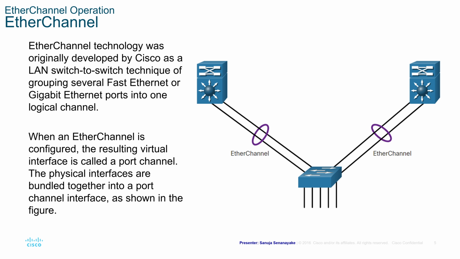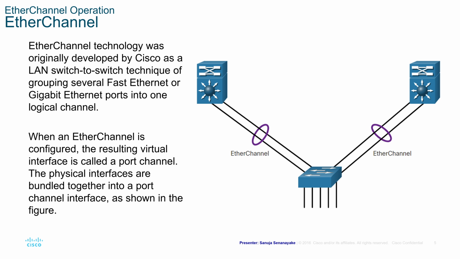EtherChannel technology was developed by Cisco as a LAN switch-to-switch technique of grouping several Fast Ethernet or Gigabit Ethernet ports into one logical channel. When an EtherChannel is configured, the resulting virtual interface is called a port channel.